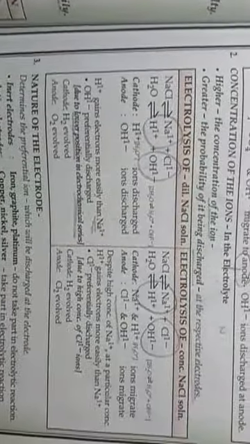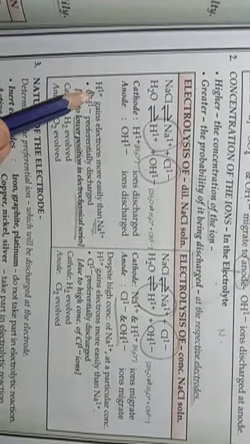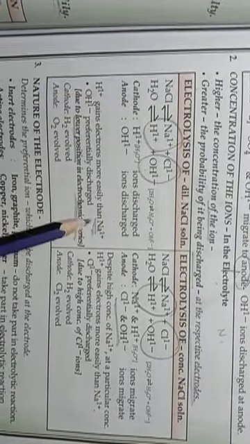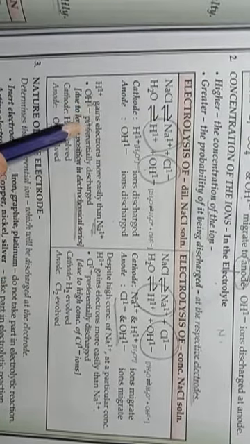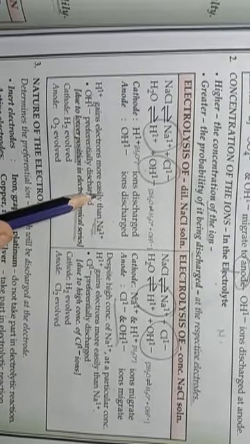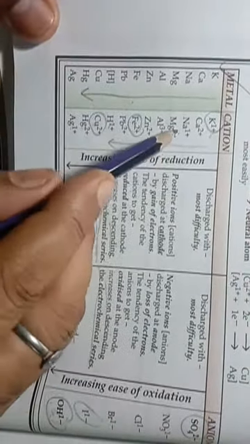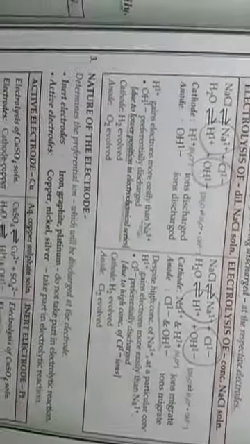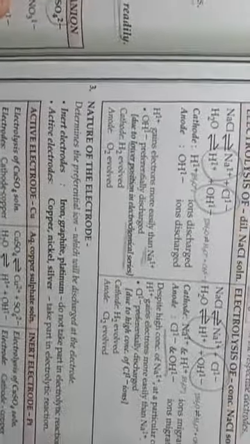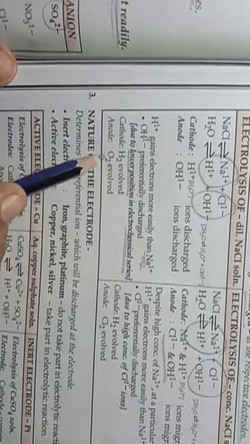And out of H plus ions and Na plus ions, H plus ion gains electrons more easily than Na plus ion. Why? Because H plus ions are present below the Na plus ions in electrochemical series. Okay students, that is why at cathode hydrogen will evolve and at anode oxygen will evolve.